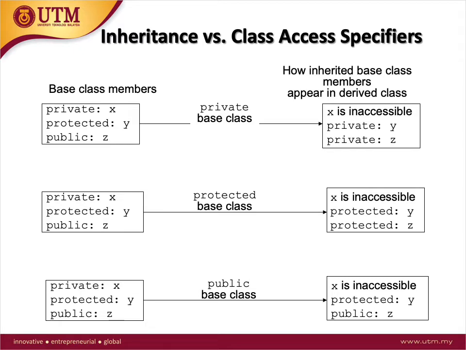But if you are using public inheritance, X is inaccessible, of course, because it is private. Y is still protected, but Z becomes public, and you can access Z from the base class.